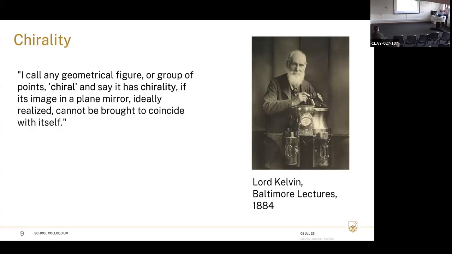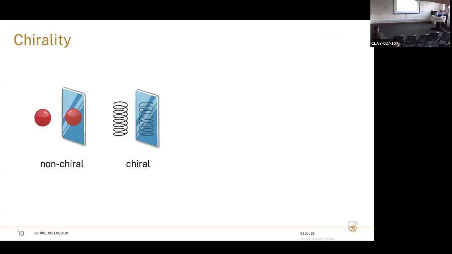In simple language, it means that an object is called geometrically chiral if it doesn't have any mirror symmetry. From this perspective, a sphere is ideally an achiral object because it has infinite mirror symmetry planes, and a helix is a chiral object.